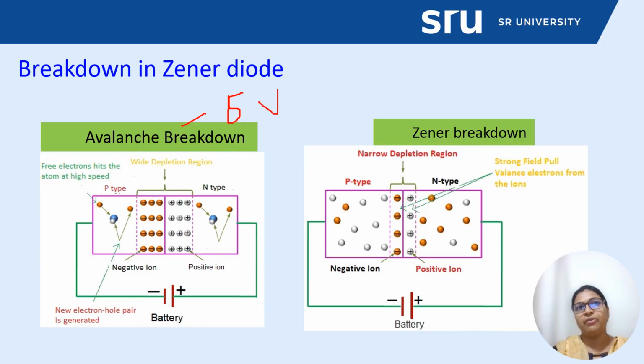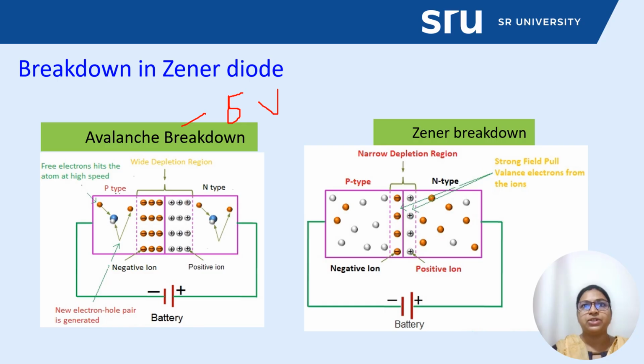depletion area is effectively established, an electric field is established, and when the reverse polarity voltage is almost equal to the Zener voltage, the electric field in the depletion portion, this region, is strong enough that it pulls electrons out of their valence shell.